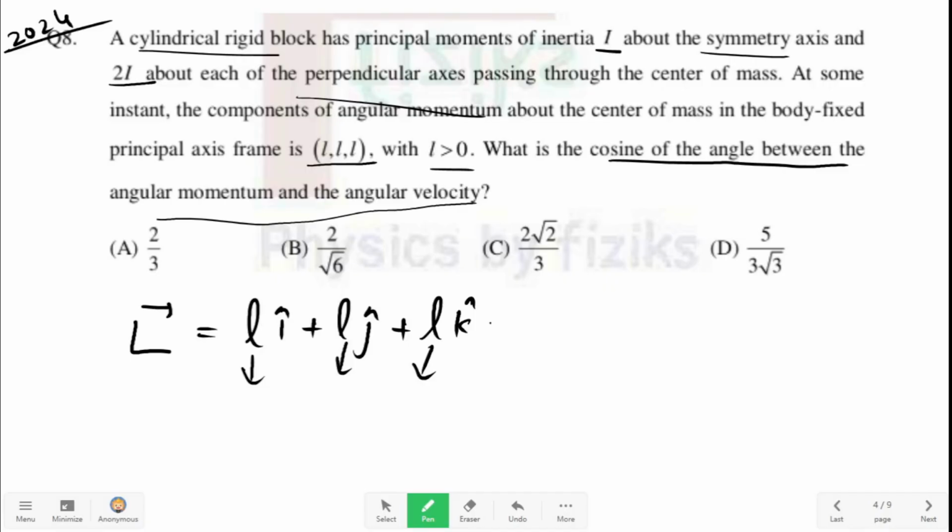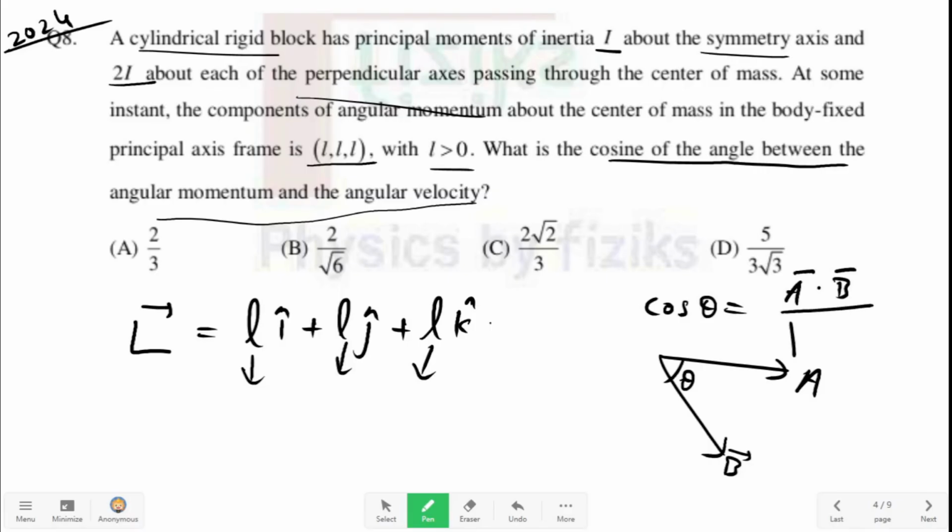Now we can use the definition of dot product here for finding the angle between any two vectors. If there is a vector A and another vector B, and the angle between them is theta, then cos theta is equal to A dot B divided by magnitude of A times magnitude of B. This is how we define the angle between two vectors.